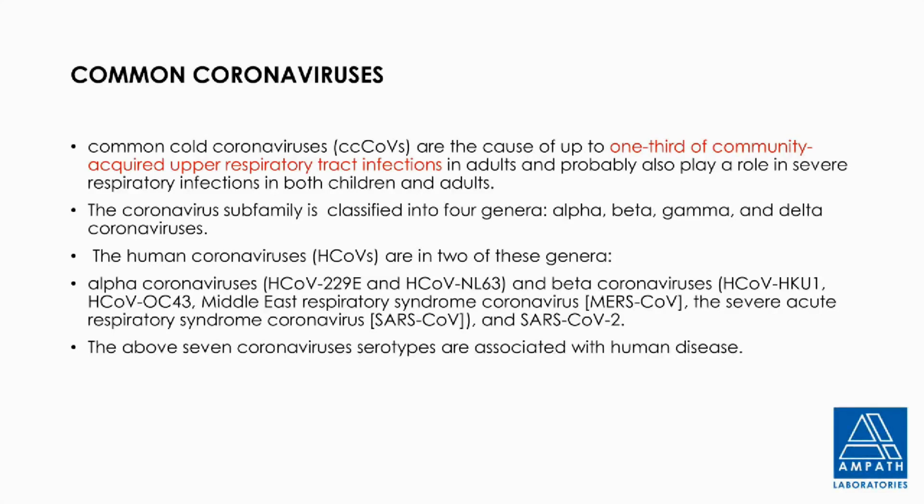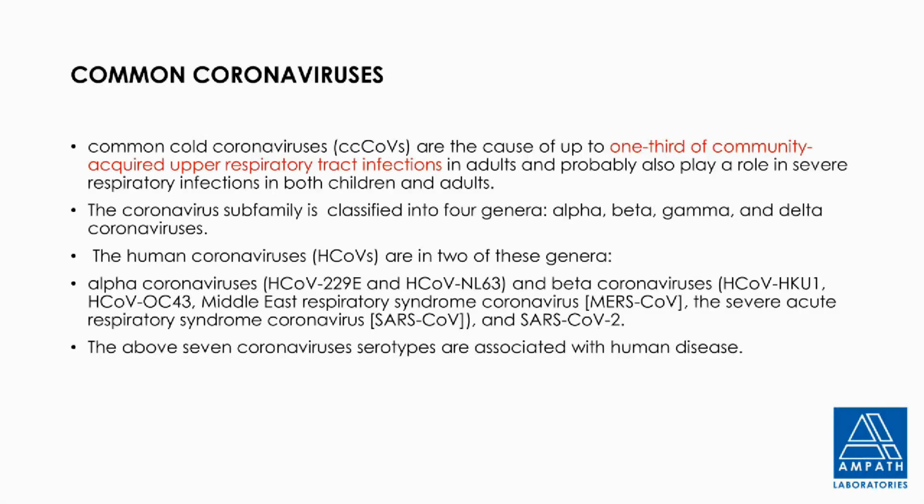So of note here, there are 4 genera. The human coronaviruses are in 2 of these genera, the alpha coronaviruses and the beta coronaviruses. So your 229E and NL63 fall under the alpha, whereas your HKU1 and your OC43 are found under your beta coronaviruses.